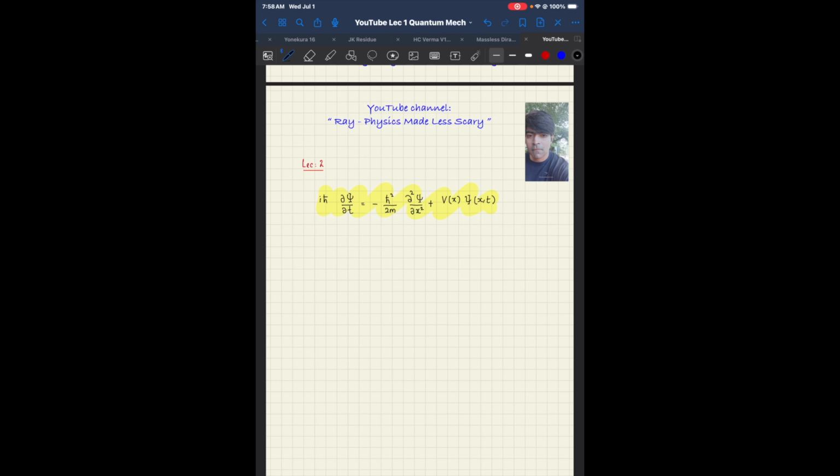And I had mentioned that these wave functions psi x of t, when integrated over, give you probabilities. Rather, these are probability densities themselves.